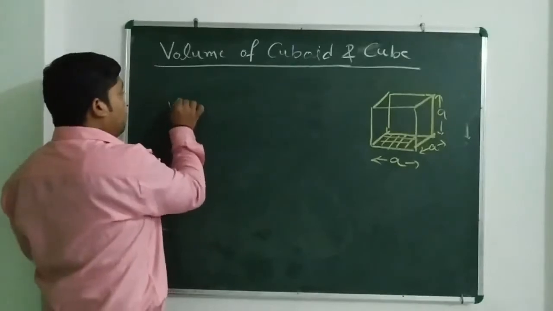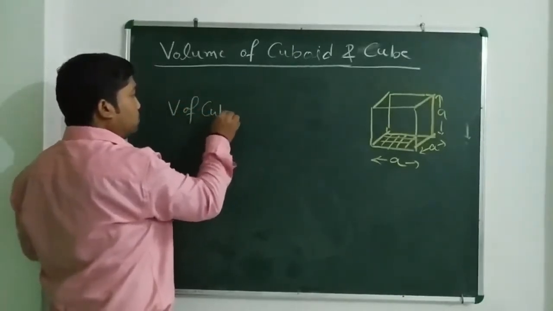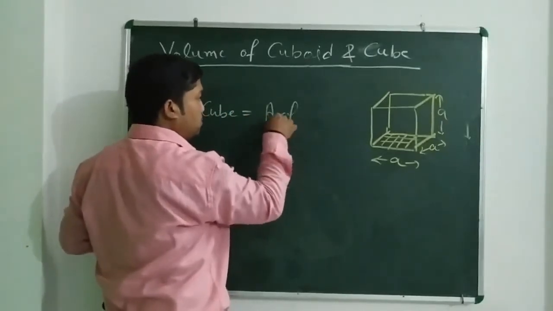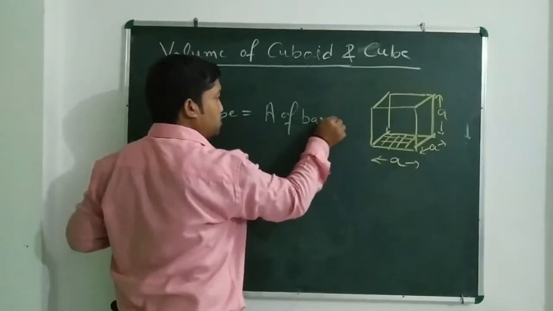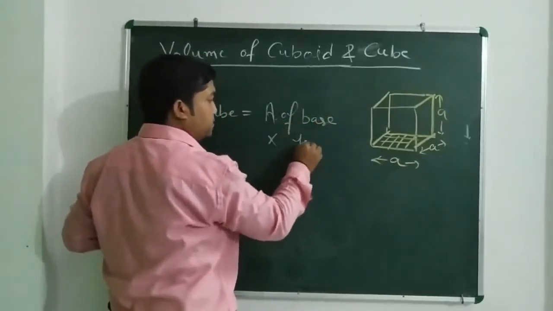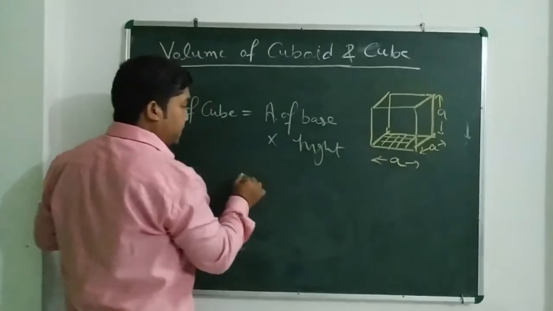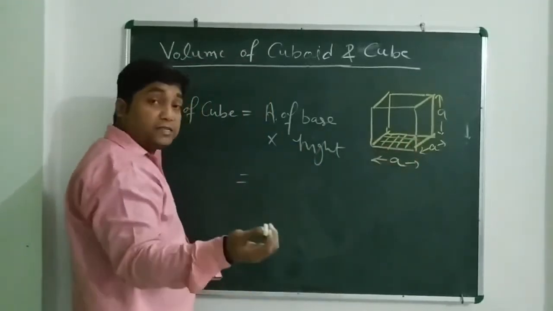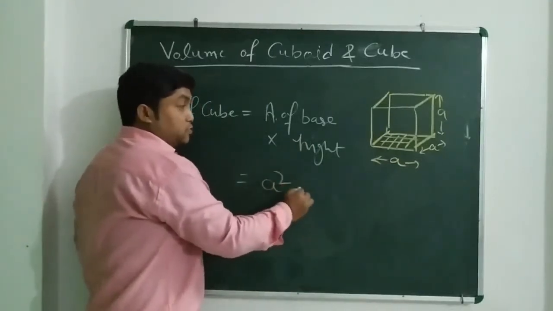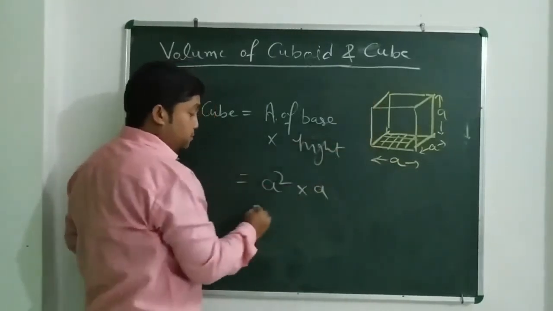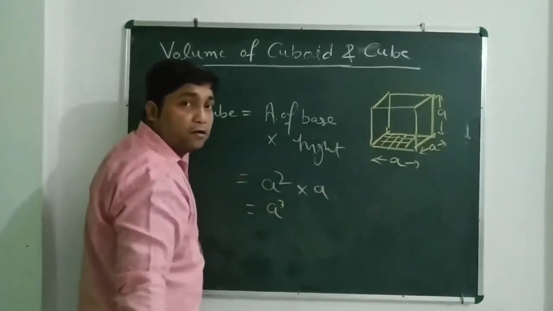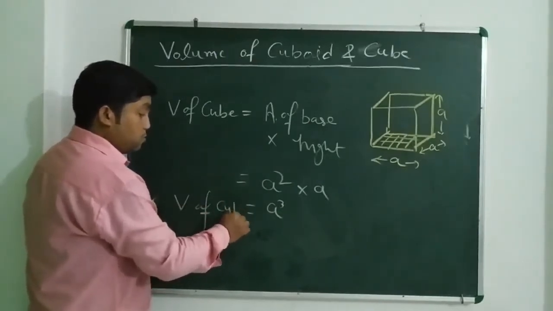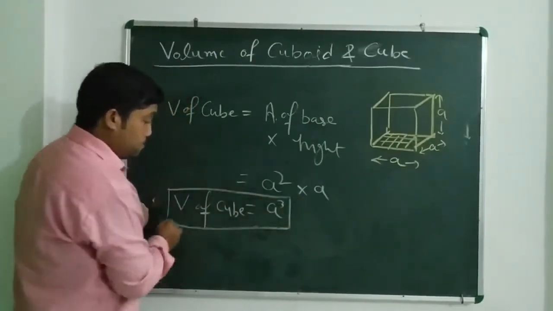It means volume of cube is area of base into height. Area of base means the area of the square, which is side squared, so that is A squared. Height is also A. So the volume of the cube is equal to A cubed.